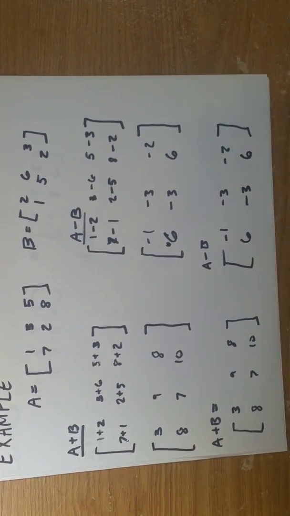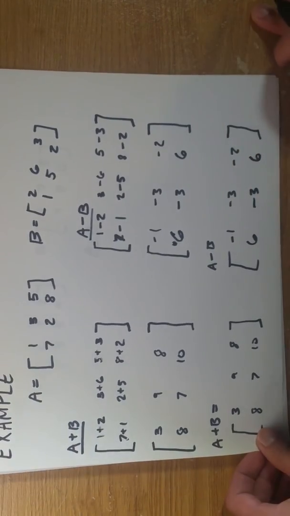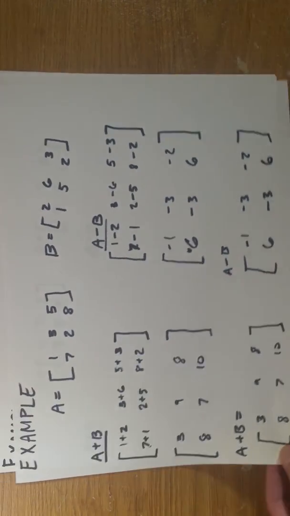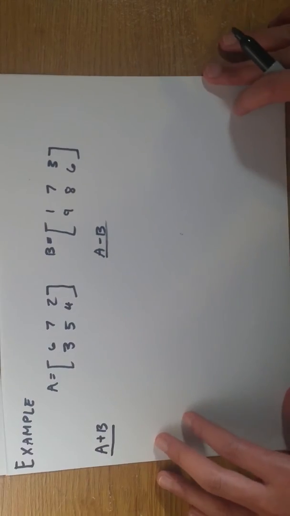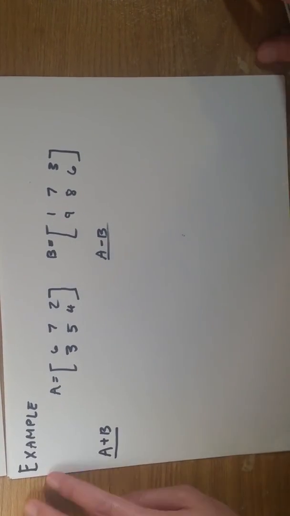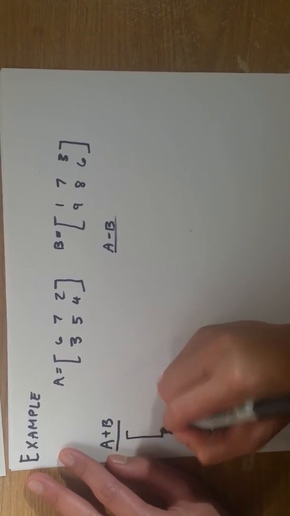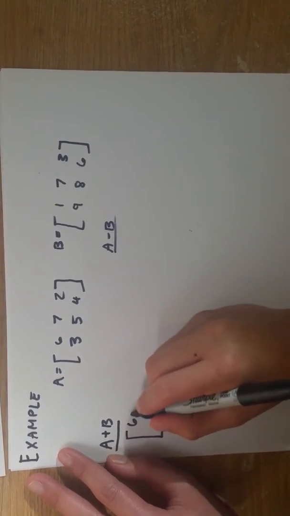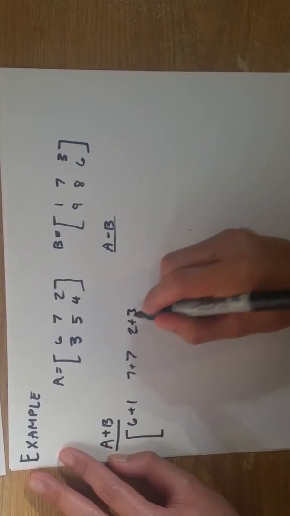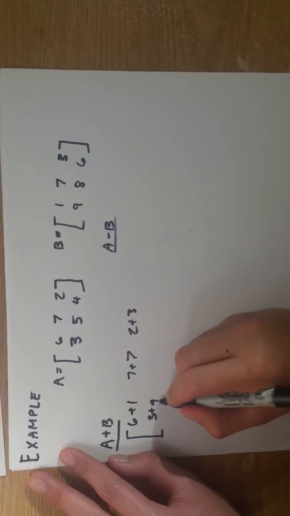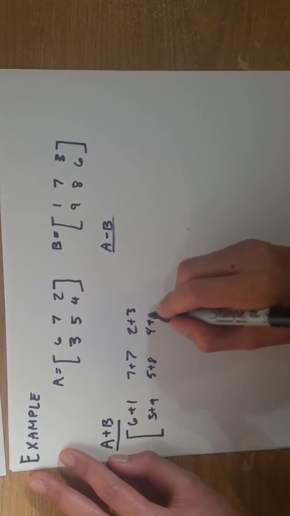So that's my first few examples. So basically, yeah, that's all you have to know for adding and subtracting. And I'll do one more problem, very simple, but this time I'll just be doing it as I go. So yeah, we got 6 plus 1, 7 plus 7, 2 plus 3, 3 plus 9, 5 plus 8, 4 plus 6.